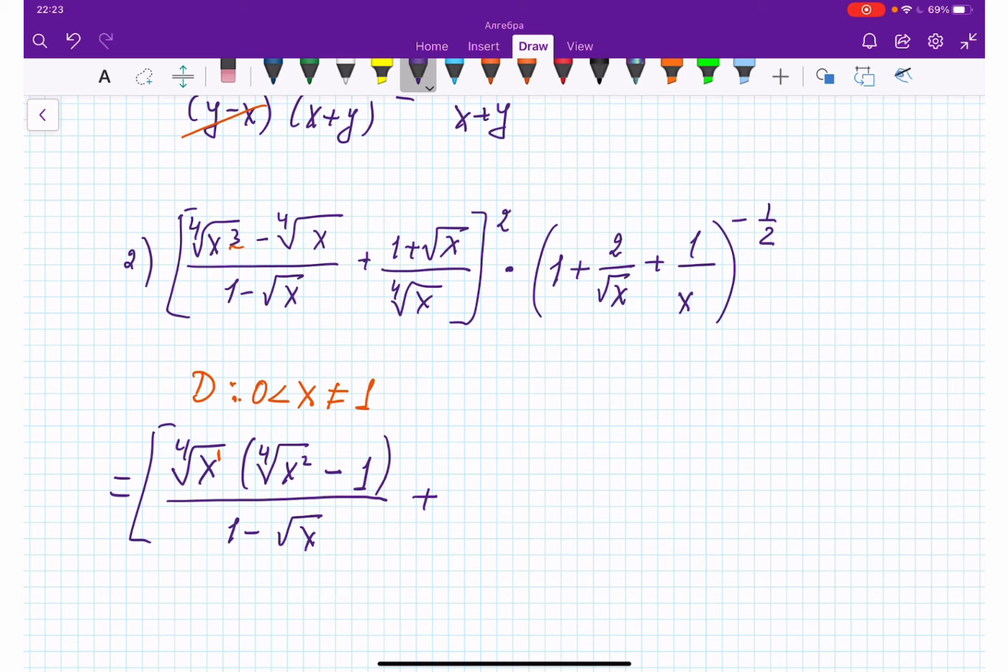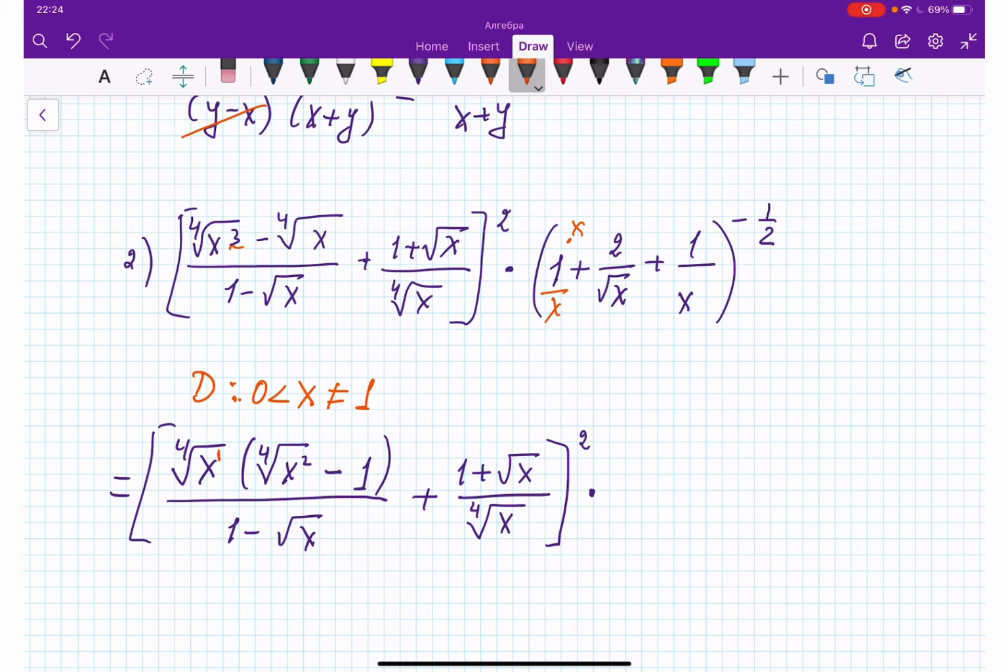Okay, next plus. For now we leave it alone. 1 plus square root of x over radical degree 4 of x, and to power 2 times. Bringing the second parenthesis to a common denominator, square root of x and x, so it's going to be x, right? That means here we divide by x. We have to bring every single denominator to x, and whatever change we do to the denominator, we have to do to the numerator.